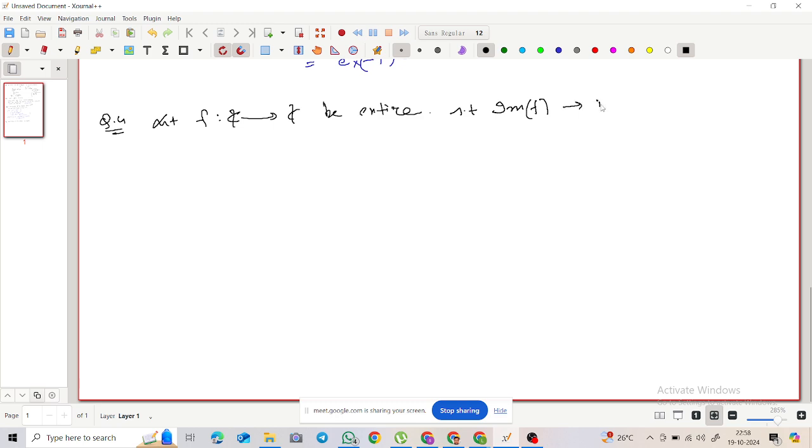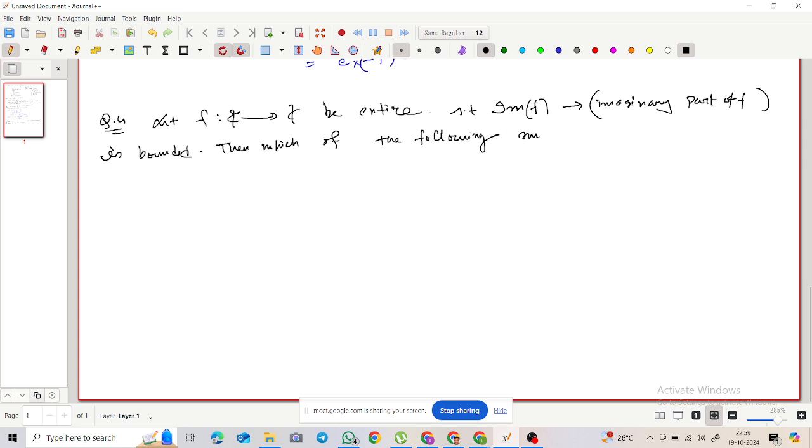Okay, imaginary part of f is bounded. Then which of the following must be true?